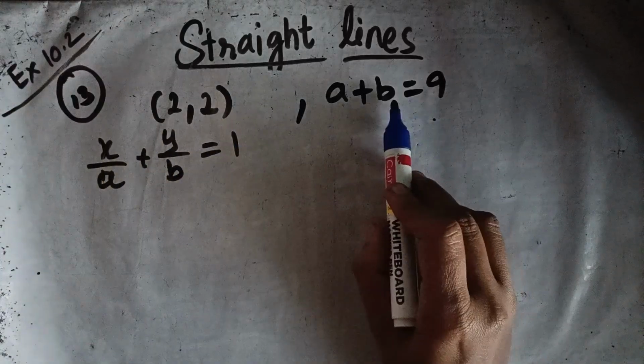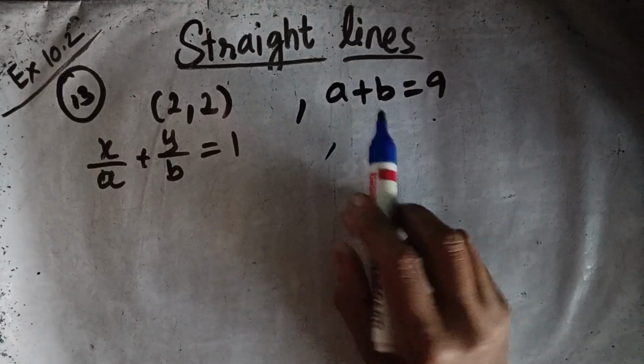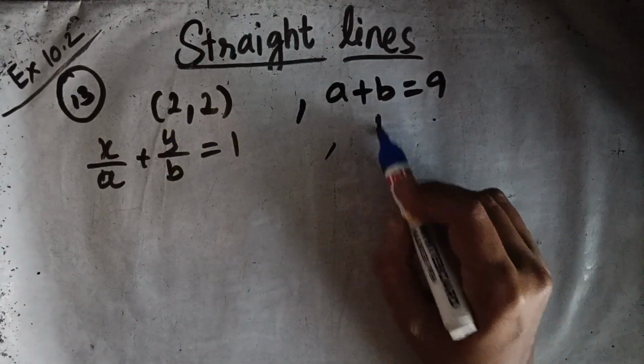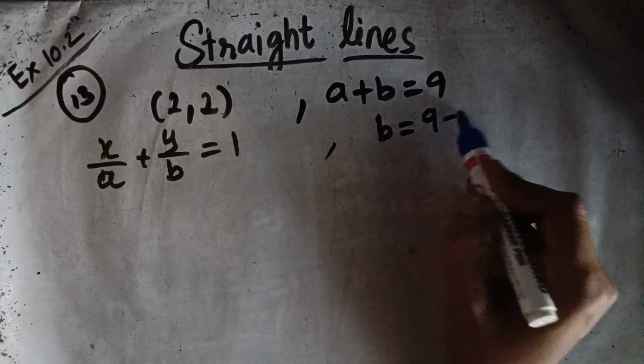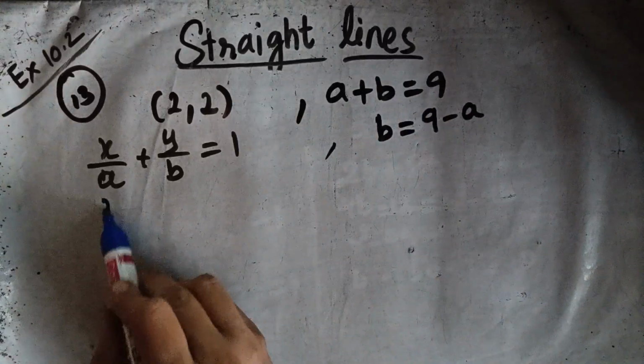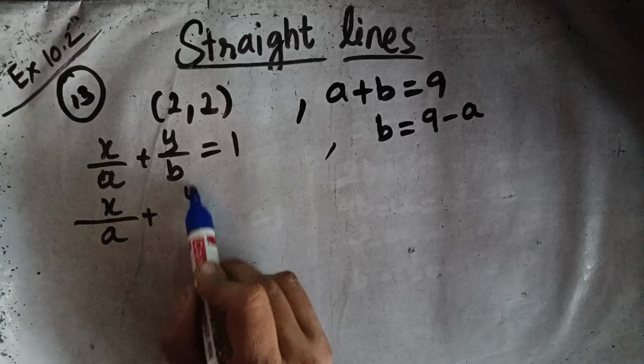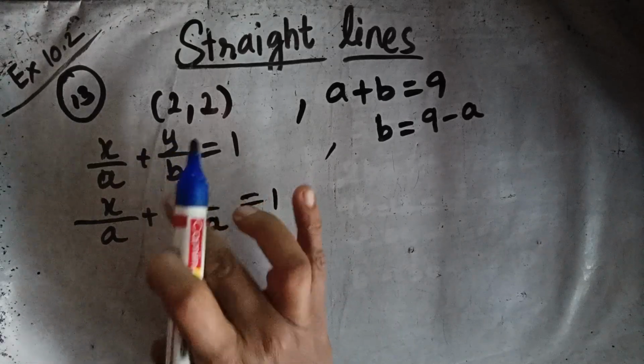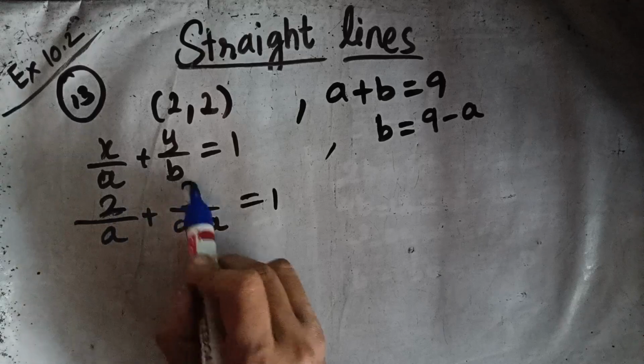We can make use of this point, plus we can use this equation. So b is equal to 9 minus a. Okay, so I'll substitute this. So in place of x and y, I'll put the point.